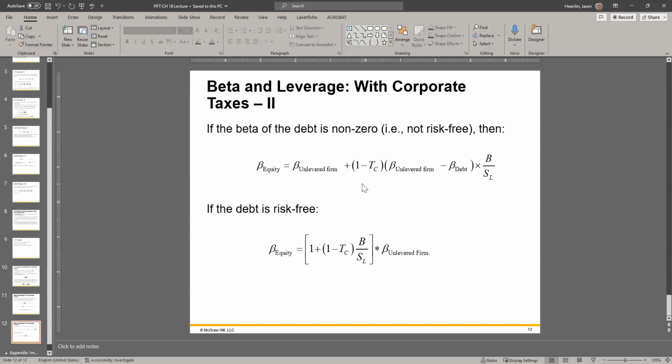And unless you have a real special circumstance, this will always be a positive number. So in the regular case, the beta of equity of a firm with debt will also be higher than the one without debt. So that's the message they're trying to tell you here.